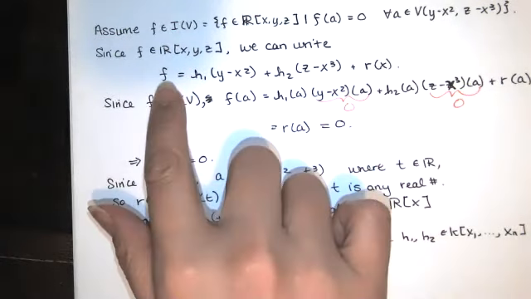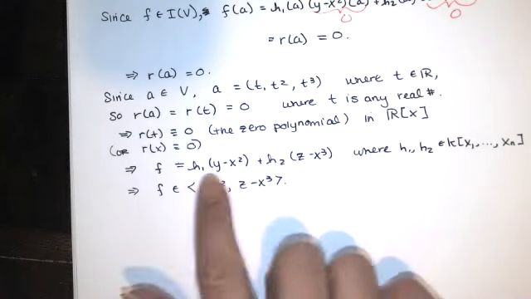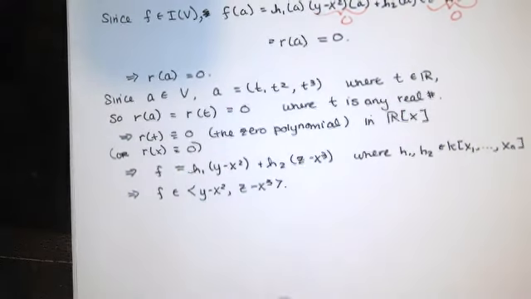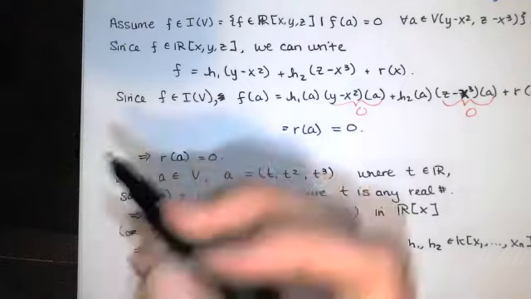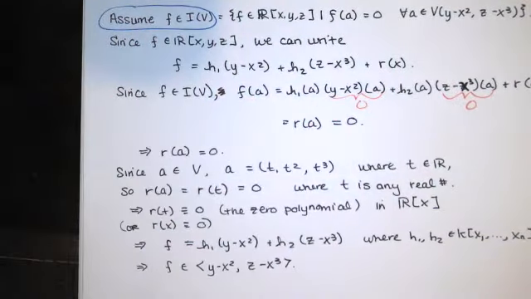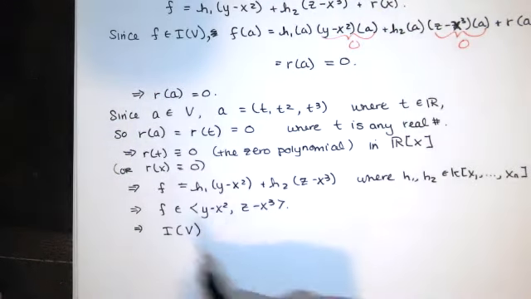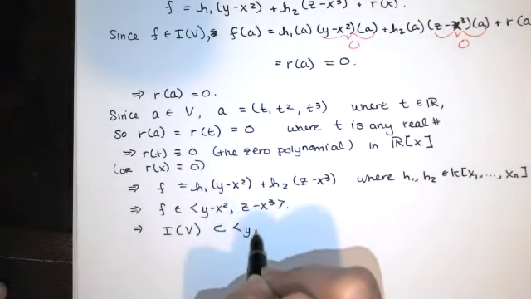And if r is the zero polynomial, that means f looks like this, and if f looks like this, it belongs to this set. So we have just shown that if f is an element of I of V, then f has to be an element of this. So we've shown that this set is a subset of this set.